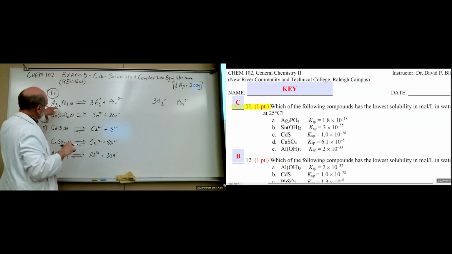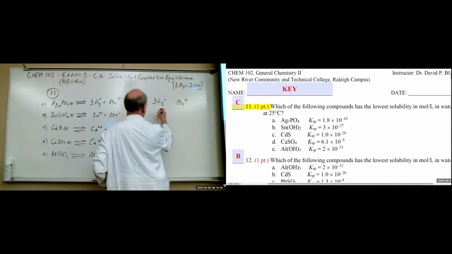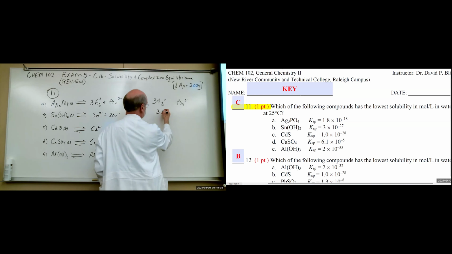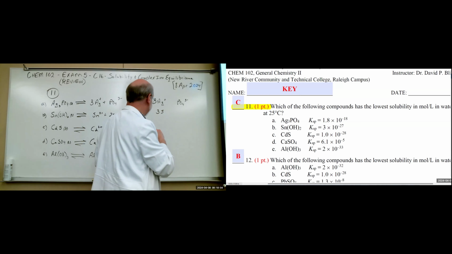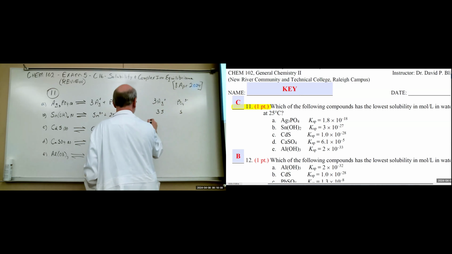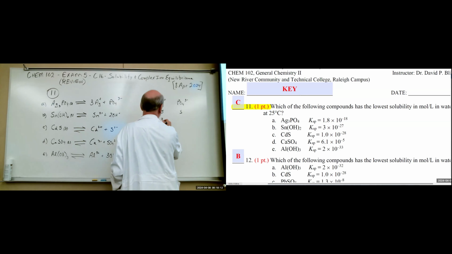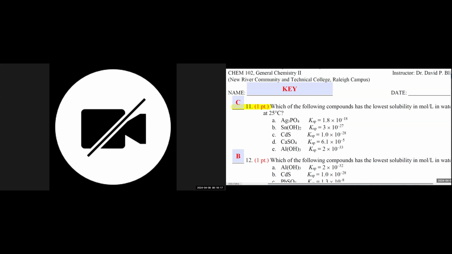And if a mole of this goes into solution, what's it going to produce over here? 3 moles, right? It's going to only produce 1 mole here. So when we write the K value, the Ksp for this one, it's going to be 3S cubed times S.